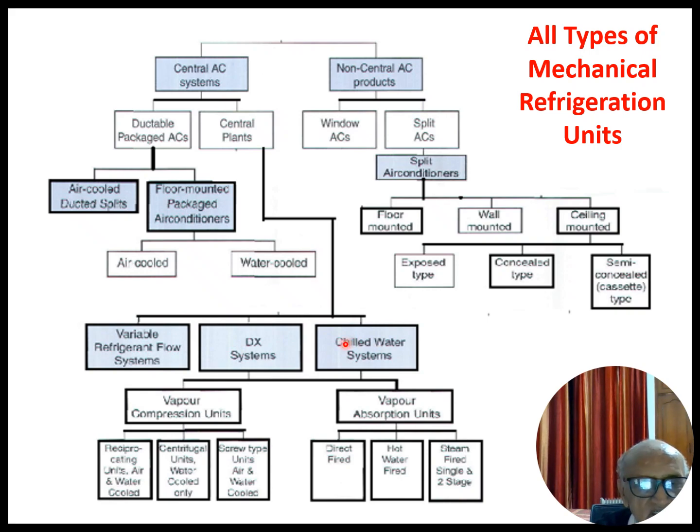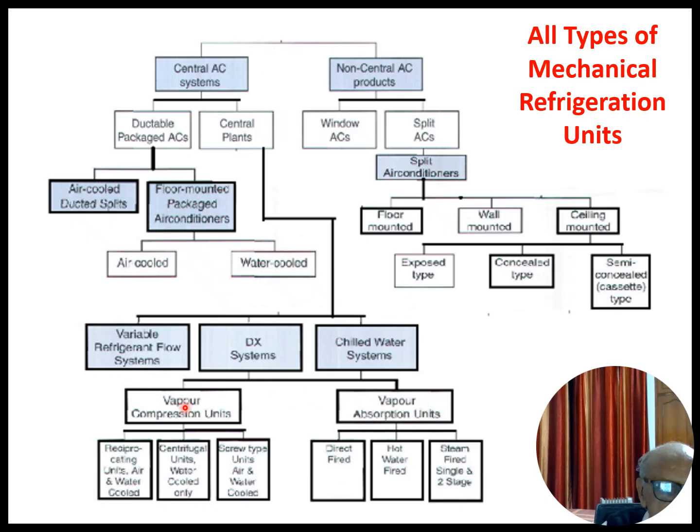Beyond this, the chilled water systems are available from 120 tons to 2000 tons. And chilled water systems may be vapor compression type or vapor absorption type. Vapor absorption type is a silent system.